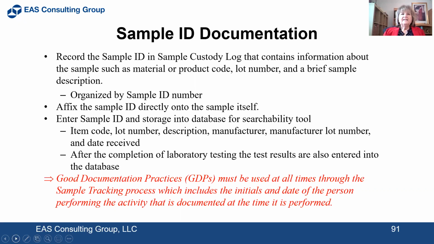Enter the sample ID and the storage into a database for a searchability tool. You can use an item code, lot number, description, manufacturer, and date received. After the completion of laboratory testing, the test results are also entered into the database, if you have one available.